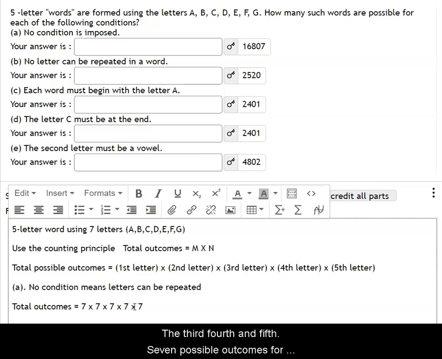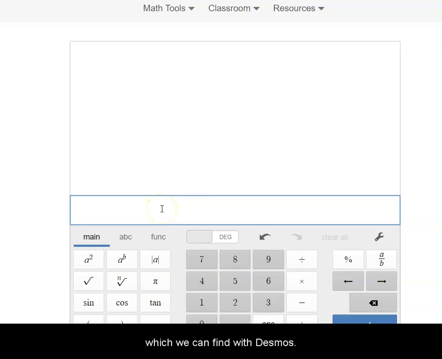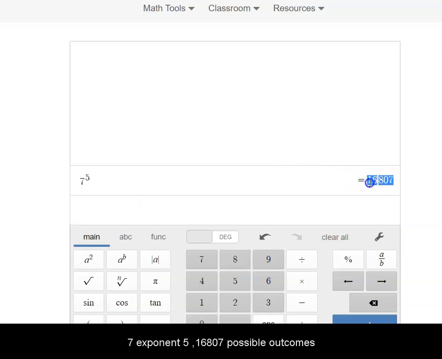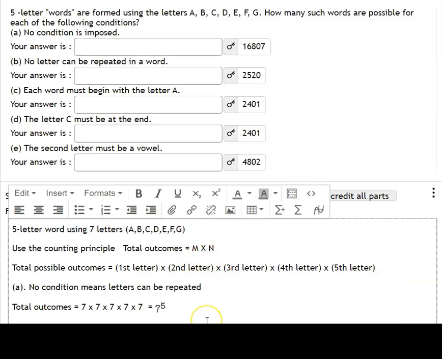So there's 7 possible outcomes for each in the 5-letter word. This is just 7 to the 5th power, which we can find with Desmos. 7 exponent 5, 16,807 possible outcomes for a 5-letter word when we can choose from 7 letters.